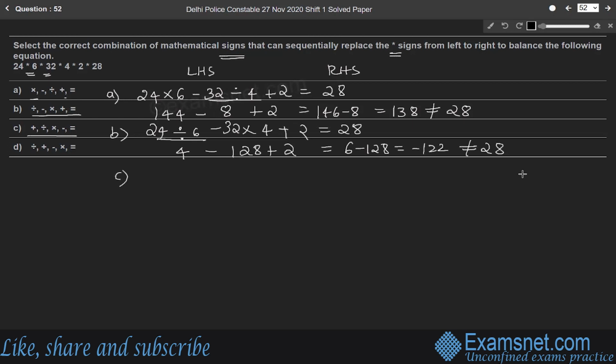So option C, 24 plus 6 divided by 32 into 4 minus 2 is equal to 28.